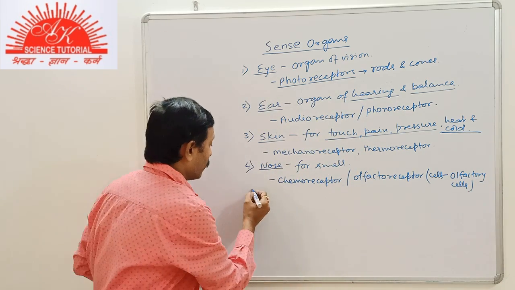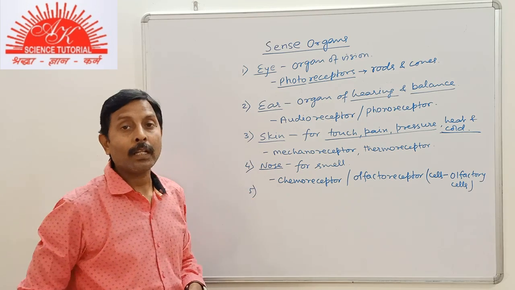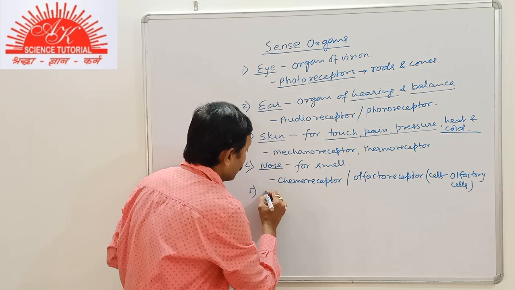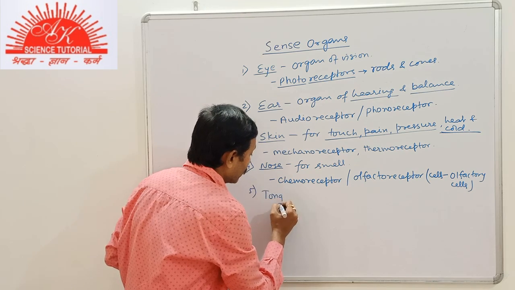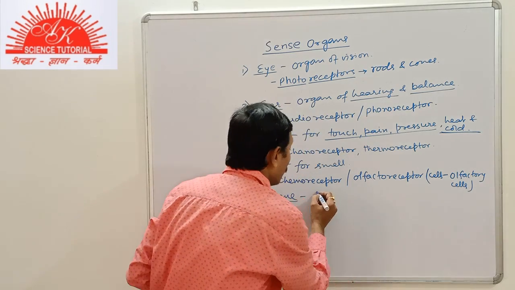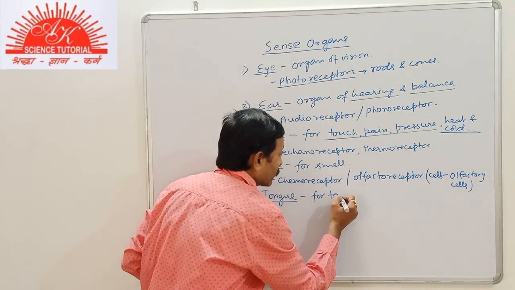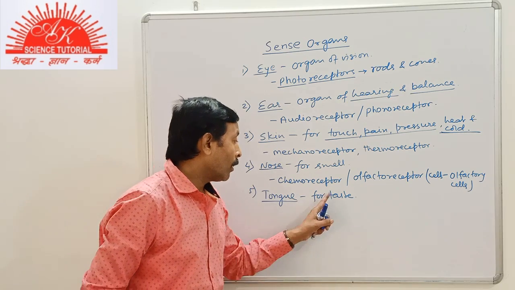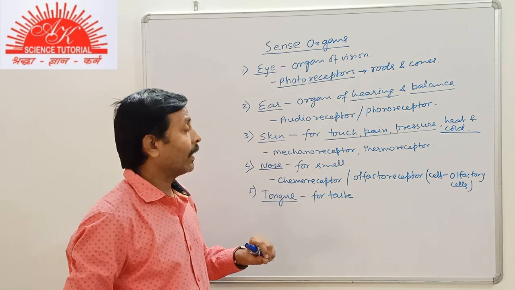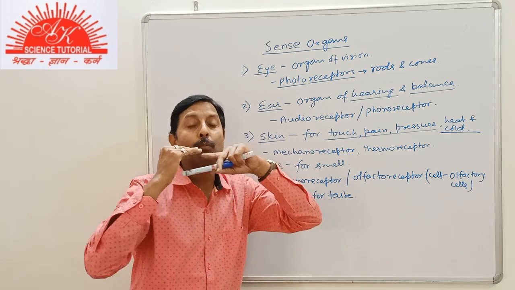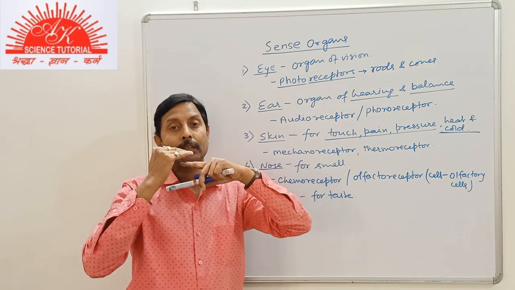Now the fifth one. The fifth type of sense organ is the tongue. It is for taste. Now, its sensory cells are present in some small elevated portion of our tongue.